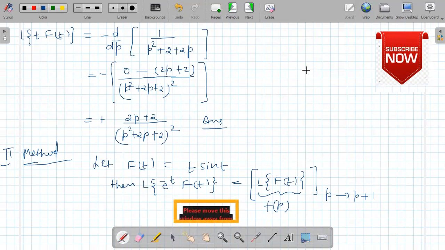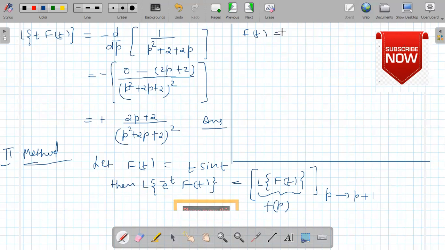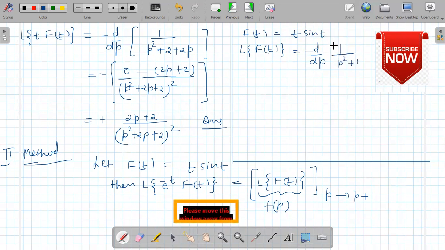Now since f(t) is t sine t, let me do the solution here. f(t) is t sine t, so Laplace transform of f(t) is equal to minus d over dp of 1 upon p square plus 1, the Laplace transform of sine t.